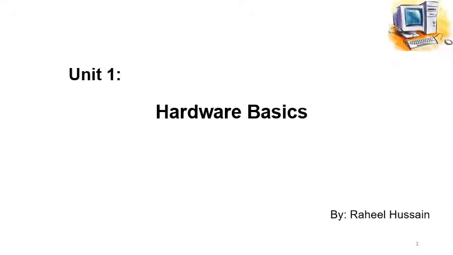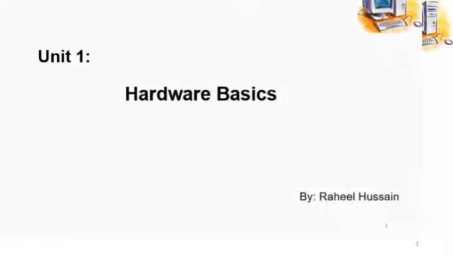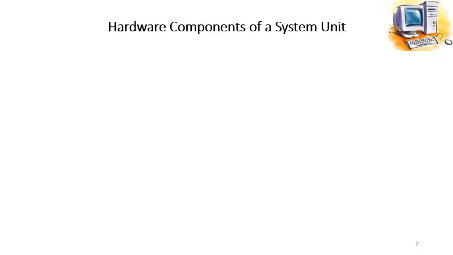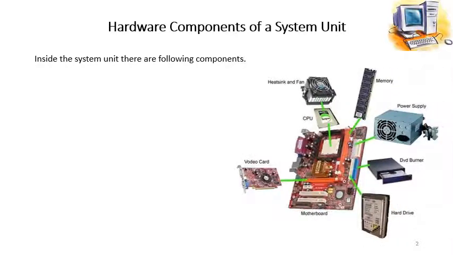So students, we are in unit 1, that is hardware basics. We were discussing the hardware components of a system unit, and in that we discussed the motherboard, then we discussed the processor and its two components, that is CU and ALU, and their functionalities.